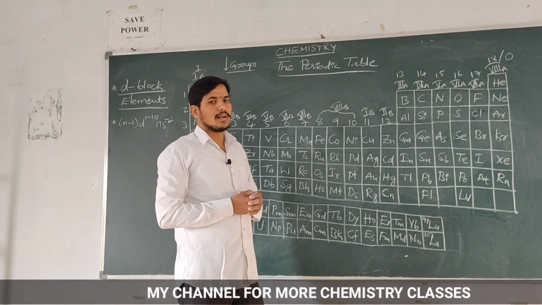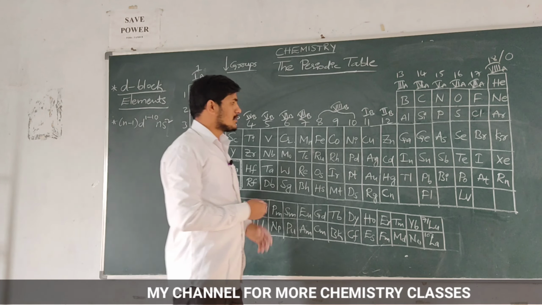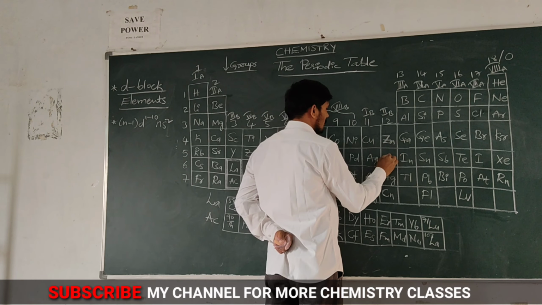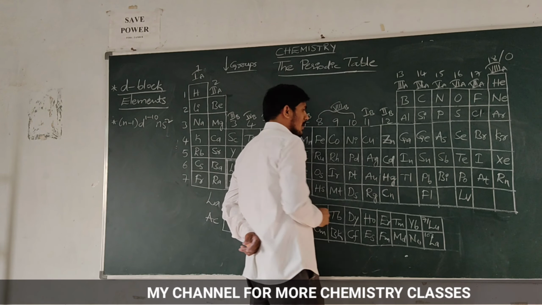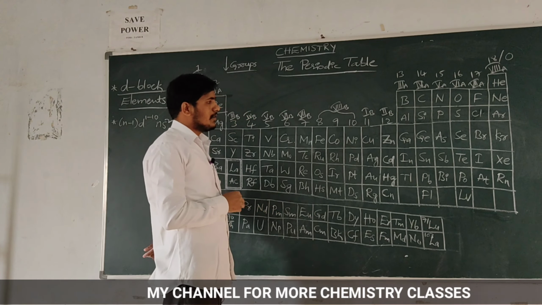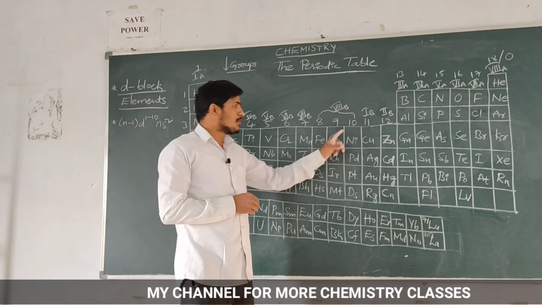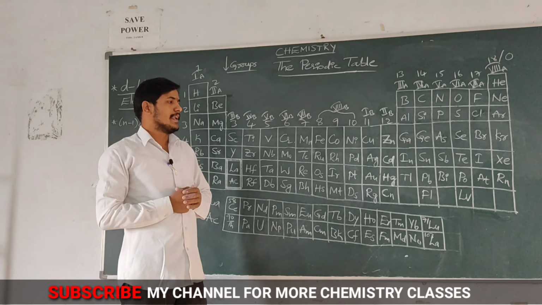The 12th group elements, that are zinc, cadmium and mercury, have fully filled electrons in the D orbital. So that's why except the 12th group, the elements are called transition elements.